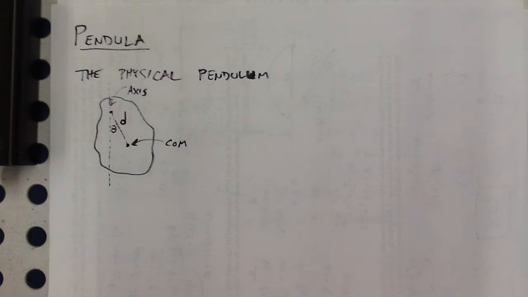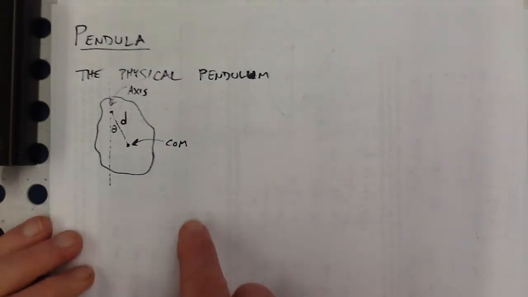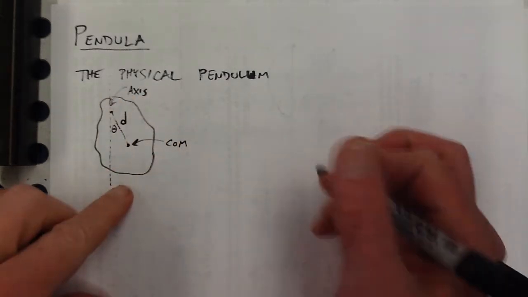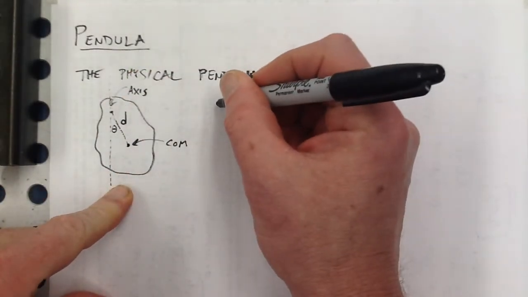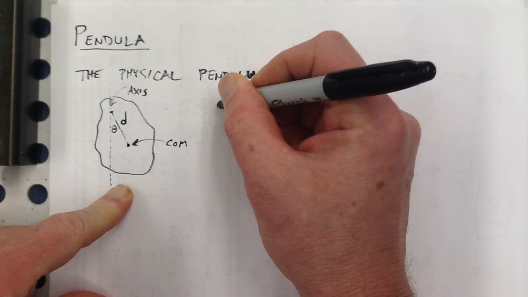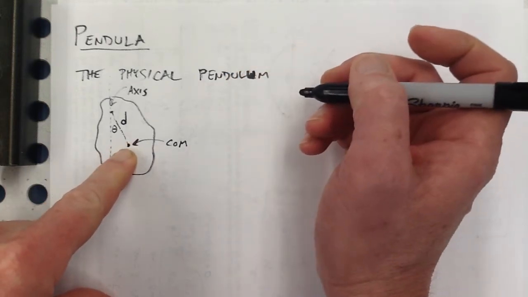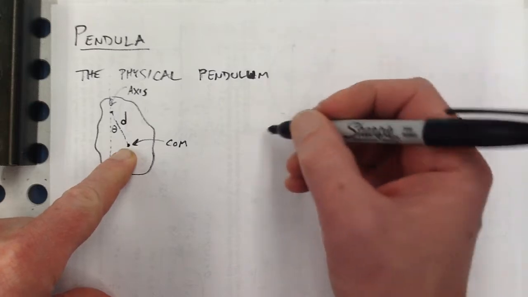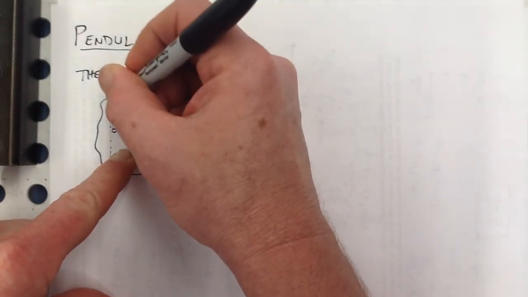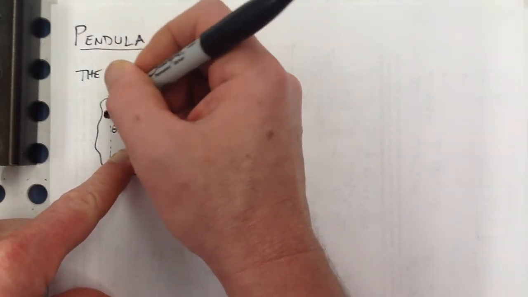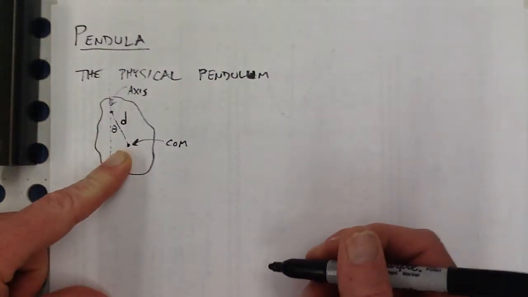Okay, so if we were going to make a force diagram for this thing, we would pin all the forces on the center of mass, right? And there would be a force from the axis, kind of holding it up, sort of like a normal force.